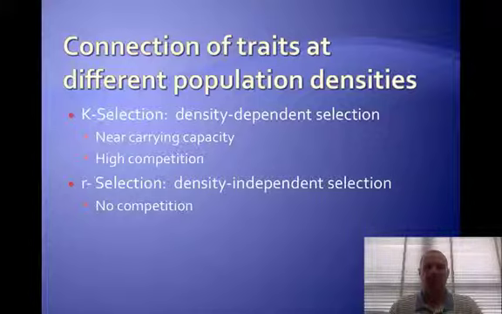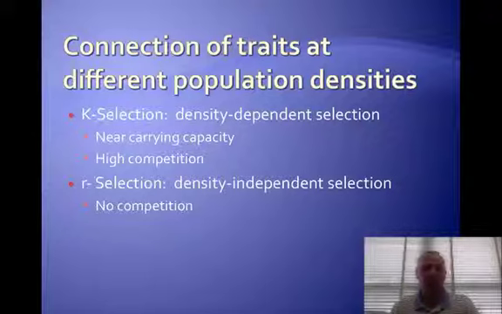The plants that are there have K selection because they're able to outcompete other species. Now, R selection is density independent, in which it's not affected by the density of the population because it's so low down on the scale. It's nowhere near its carrying capacity line, and there's very little competition.